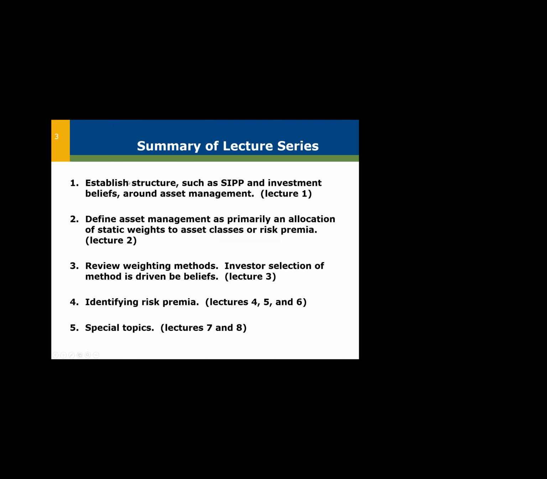So in the first lecture, we established the structure for how to construct an institutional portfolio. We talked about investment beliefs, and we talked about performance measurement and the Sharpe ratio. And then in the second lecture, I want to just revisit.